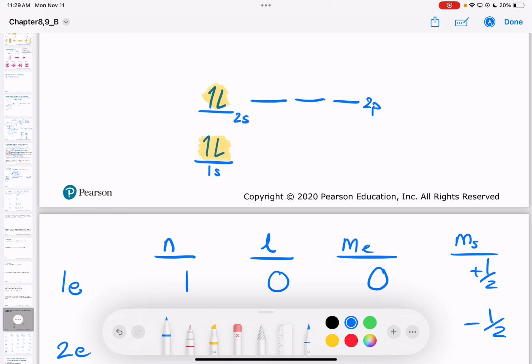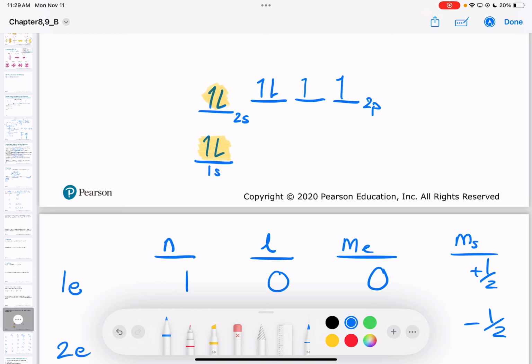When we do, so if we're doing oxygen for a total of 8 electrons, when we fill in the 2p orbitals, we fill them one at a time, all being plus 1/2, and then we go back and pair them. So 8 electrons would look like this. Because electrons repel each other, they're not going to pair up until they have to.